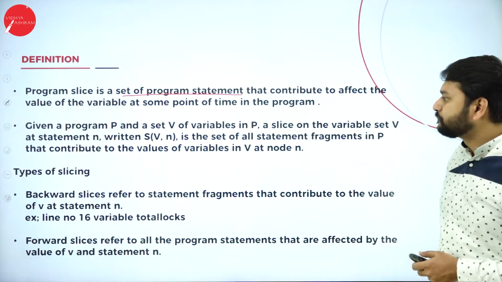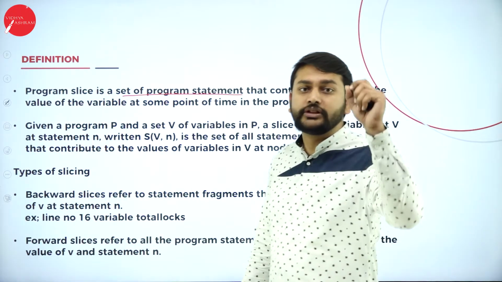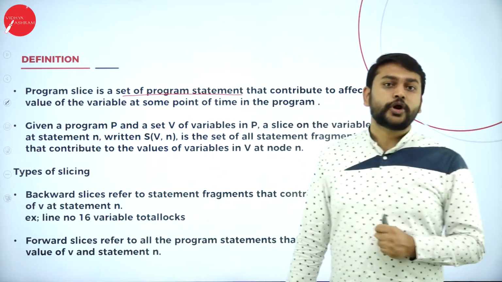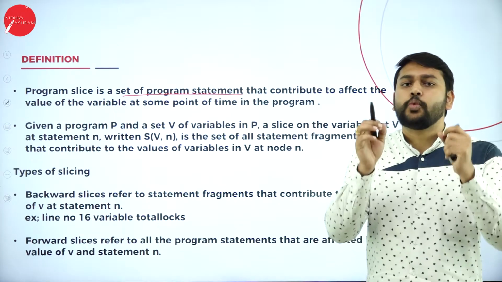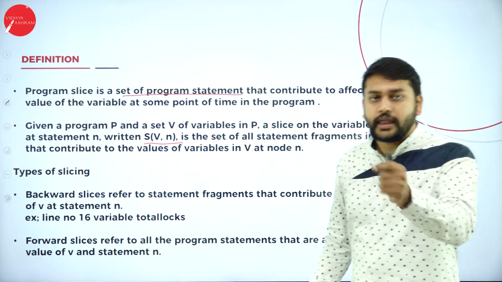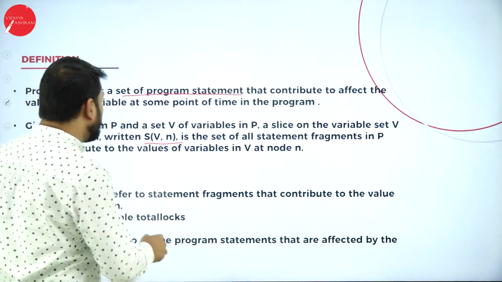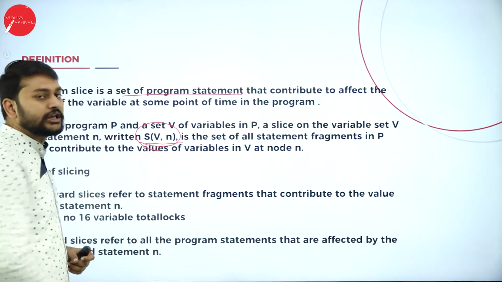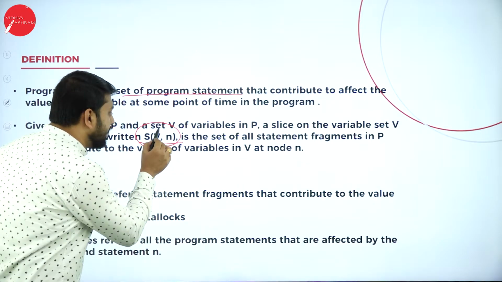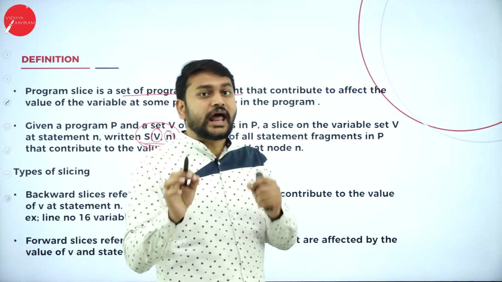Alright, so you all know we have a program and we represent that with the letter P. But when it comes to the program slice, you need to understand one important thing, that is S of V, N. Sir, what exactly is S of V, N? This is going to be very, very important throughout slice-based testing. S means slice, V means the name of the variable, and N means node number, that is line number.